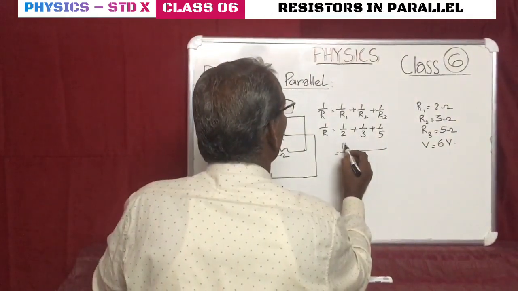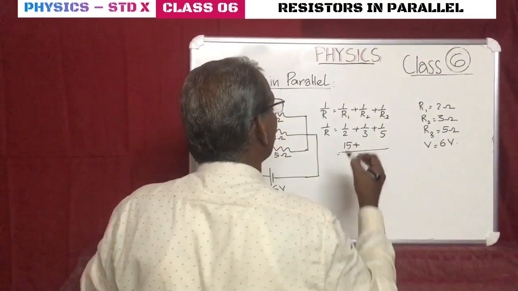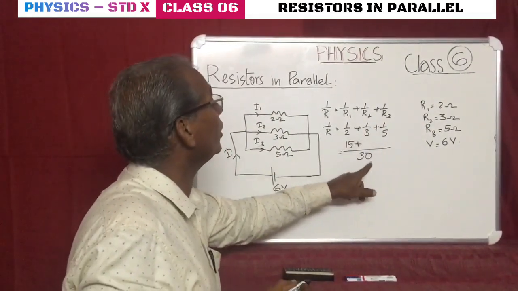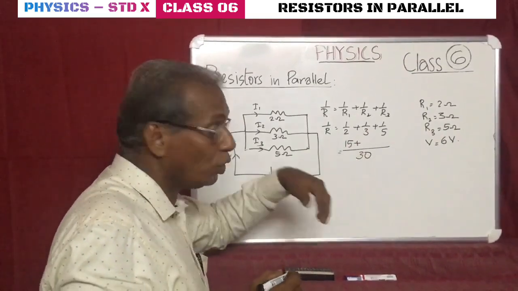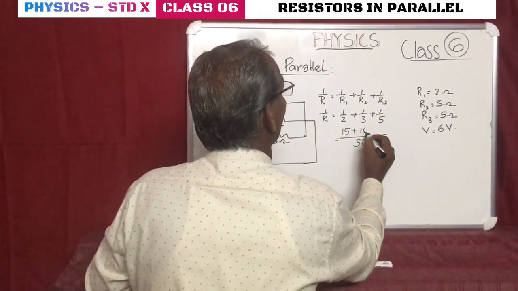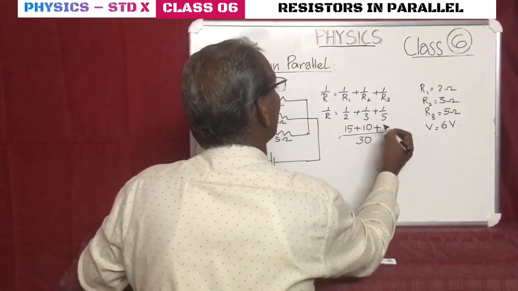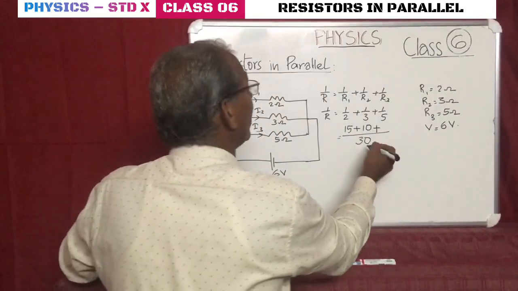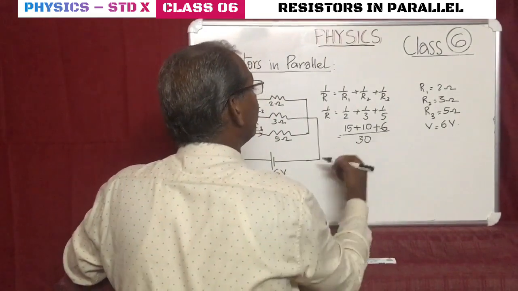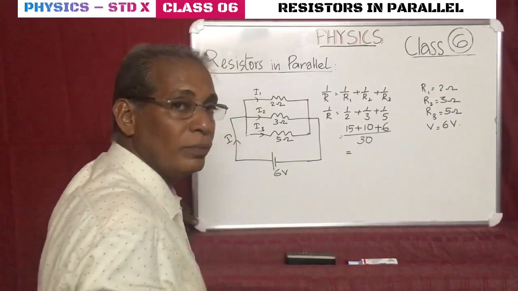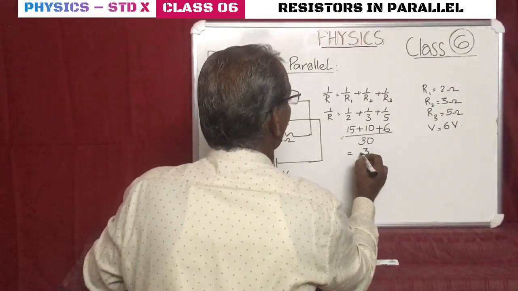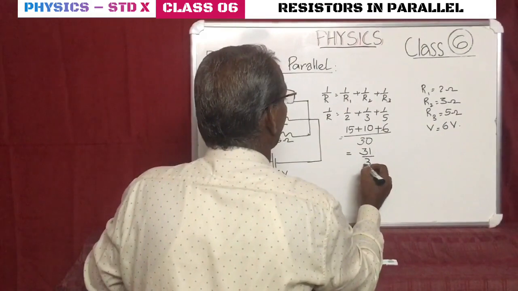So we write here 15 plus, for 3, the multiple must be 3 into 10, so 10 here, plus 5 into 6 is 30, so 6. Adding 15, 10 and 6, we get 31 by 30.